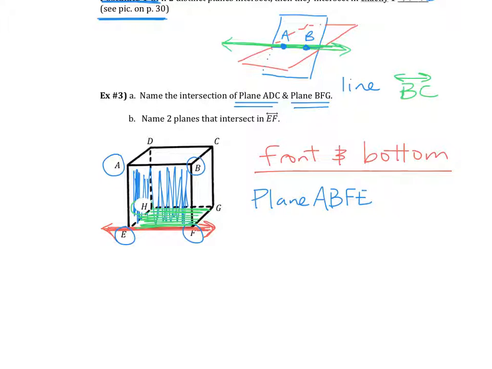So you don't want to do HFGE. You want to do HEFG or EFGH or GHEF, but go in an order. And you can go clockwise or counterclockwise, but just follow the flow. So plane ABFE and plane HEFG.